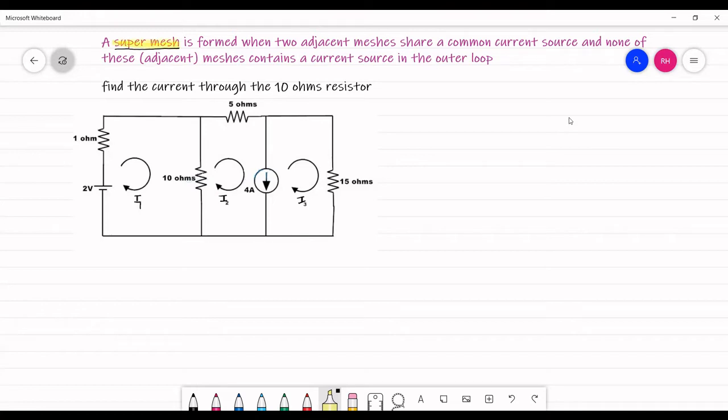So now let us first understand the definition of supermesh. A supermesh is formed when two adjacent meshes share a common current source.